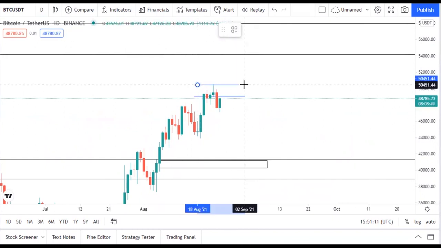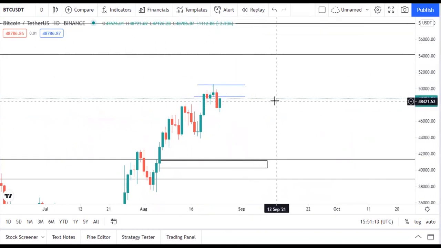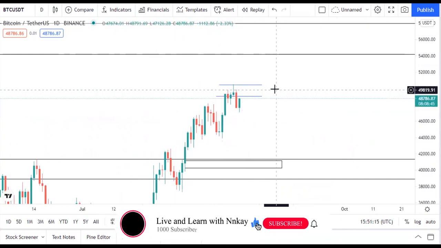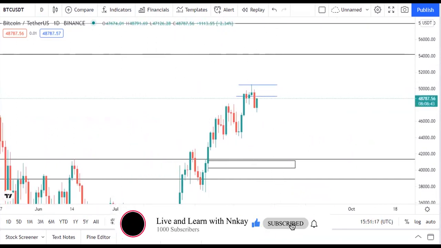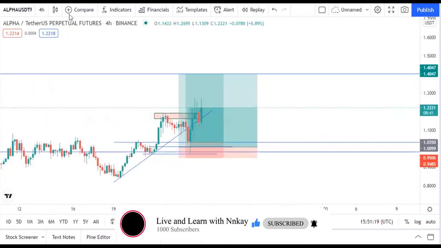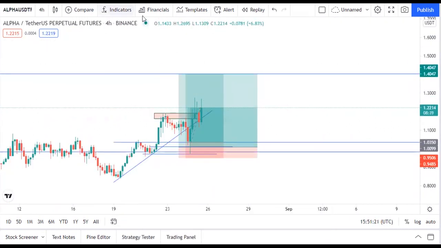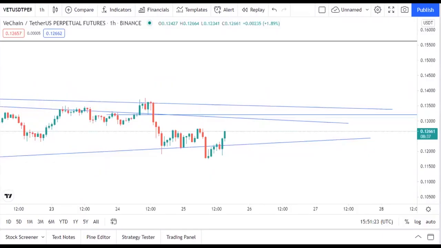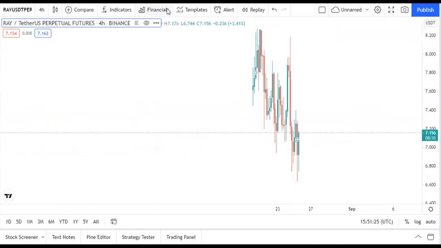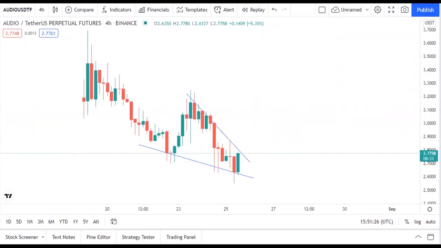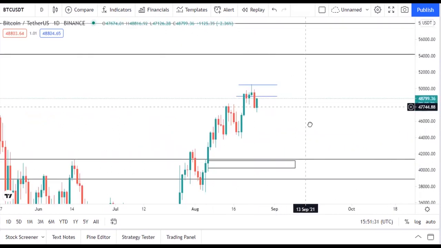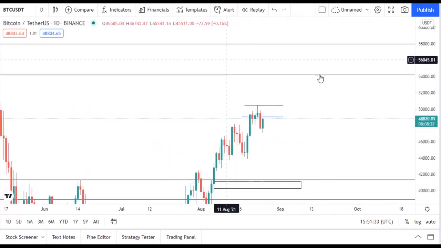We just have to be very careful with Bitcoin right now. But that notwithstanding, we are seeing a beautiful rally in alts. Most alts are already doing well, like ADA is already creating new all-time highs. So we just have to be very careful, especially as we are heading towards this zone.